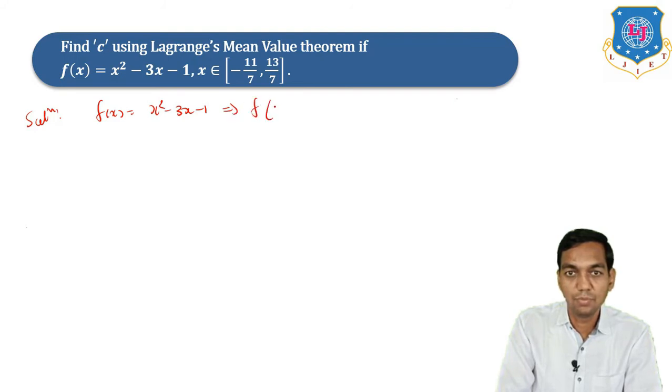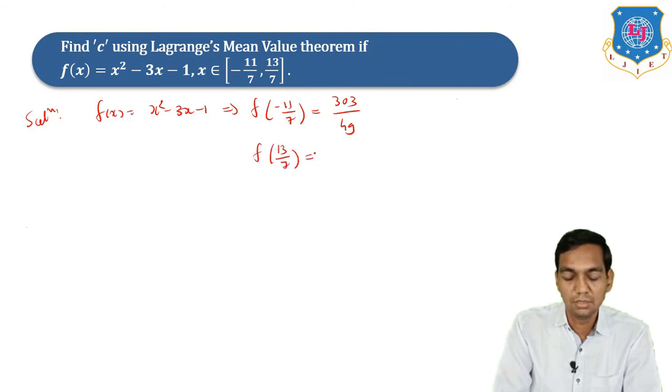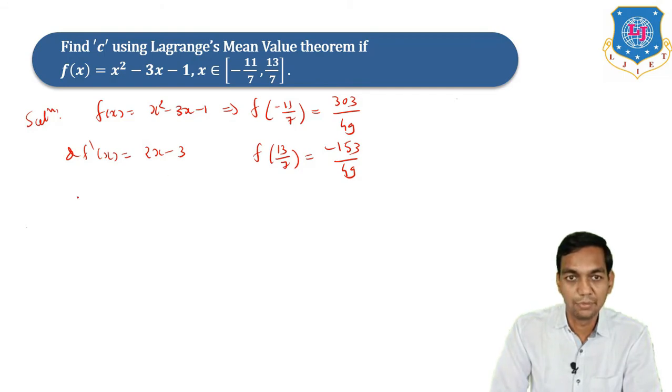So f(-11/7) has a value 303/49. In the same manner, f(13/7) has a value -153/49, and f'(x) has a value 2x - 3.